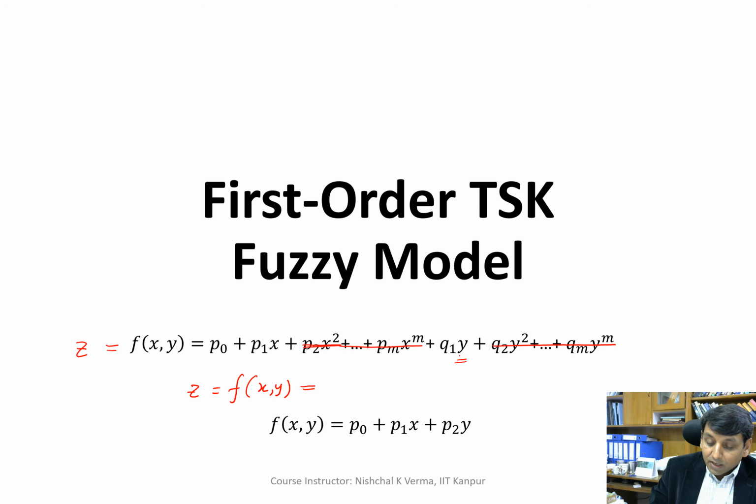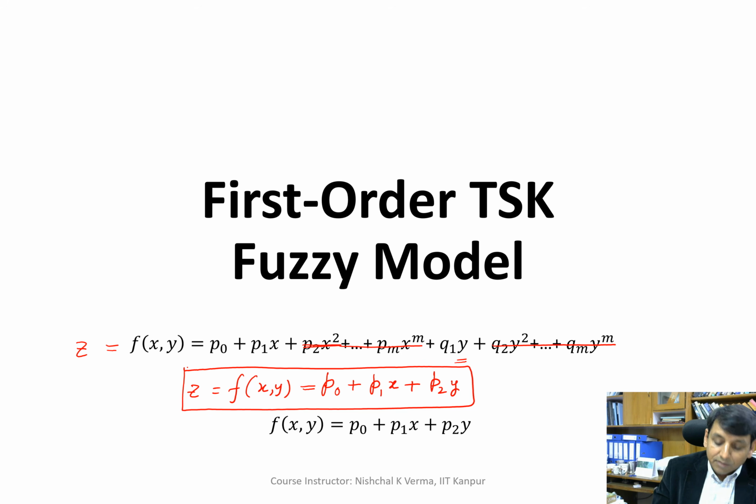For two input generic variables, we can have p0 plus p1x, and then q1y, or I can write here p2y. So the first order TSK fuzzy model will have the consequent part, the output, of this form for two inputs.